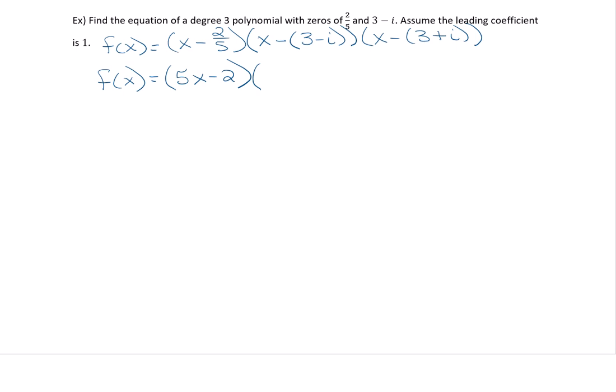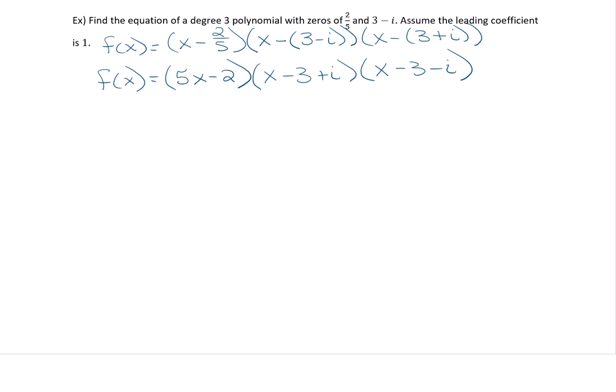Our second is x minus 3 plus i. And our third, distributing that negative again, is x minus 3 minus i. But they're wanting us to find the equation. Sometimes they will say, find the equation, and they want it expanded. Sometimes they say you can leave it in factored form.